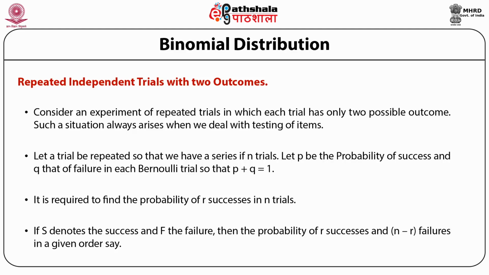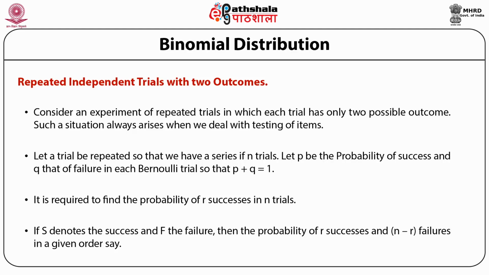Suppose we toss a coin and we get success first, then failure, then success. In the fourth trial again success, in the next trial failure and success, and so on. Then the probabilities allotted to this are p, q, p, p, q, p, and so on.